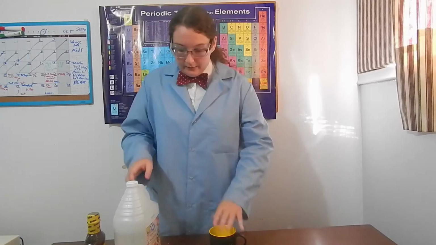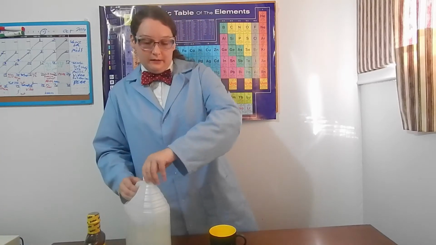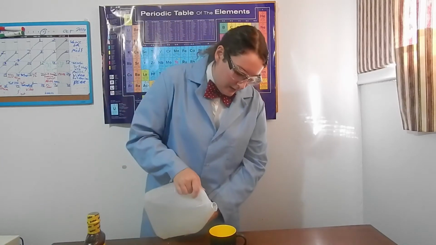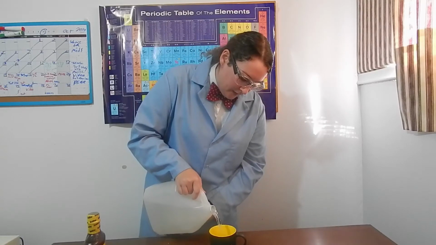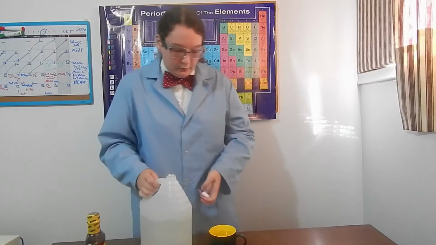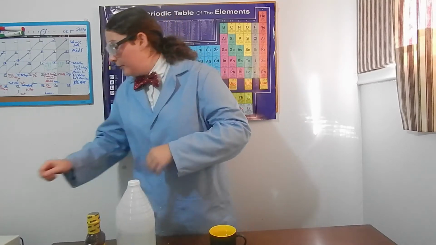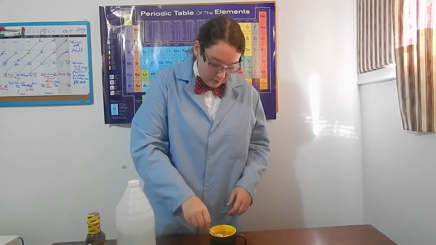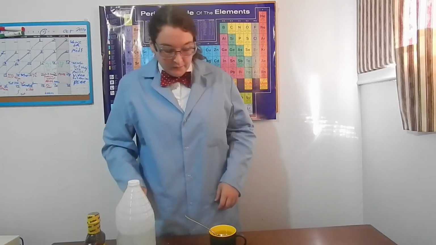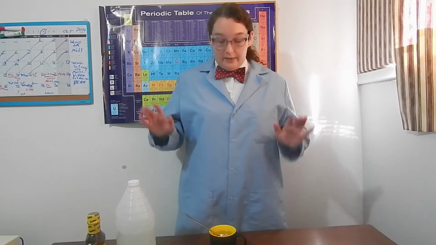So in order to get rid of the eggshell, we are going to place the egg inside of our container and then cover it completely with our white vinegar. And if it floats up to the top, that's not a problem. You can just weigh it down with a spoon or a fork, and then we're just going to leave that for anywhere from 2 days to up to a week, and we'll come back and check on it.